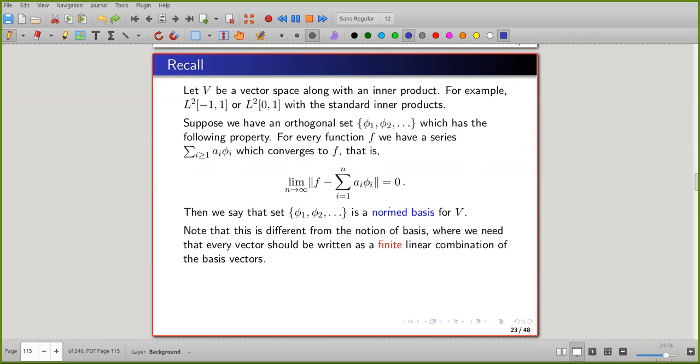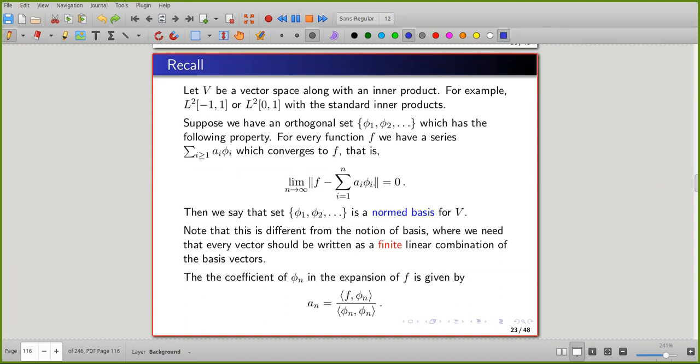Note that this is different from the notion of basis, where we need that every vector should be written as a finite linear combination of the basis vectors. So here we are not writing the function as an infinite linear combination. When we say that f is equal to this series, we just mean that this limit tends to 0. And phi 1, phi 2 and so on, we call this a norm basis.